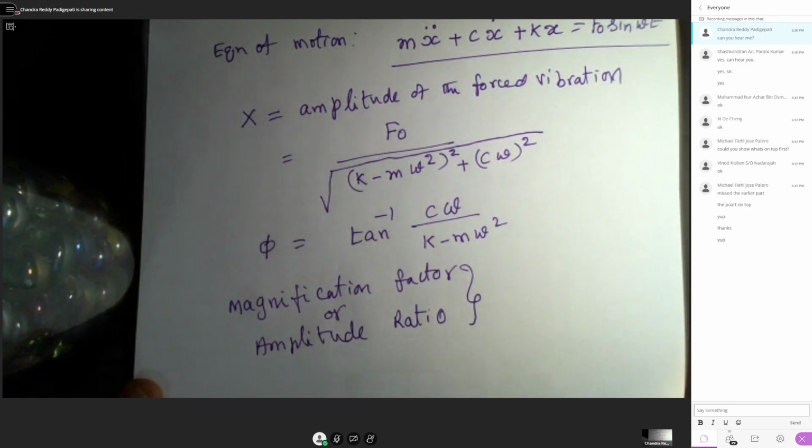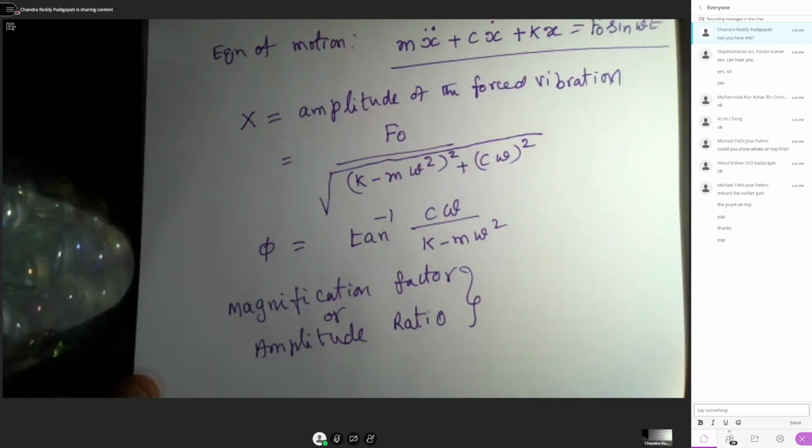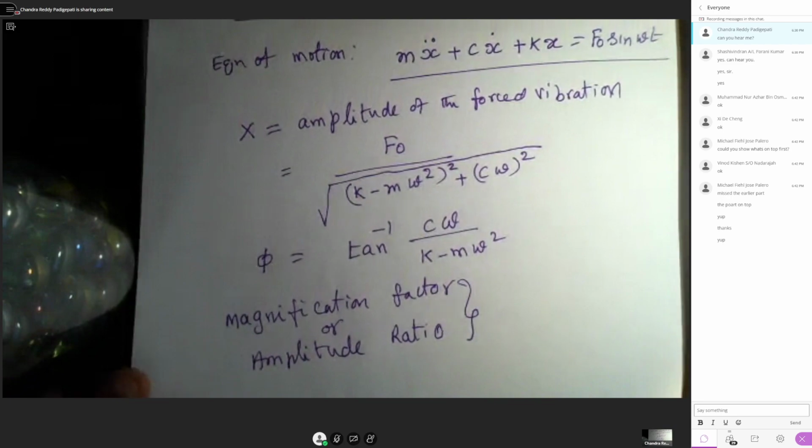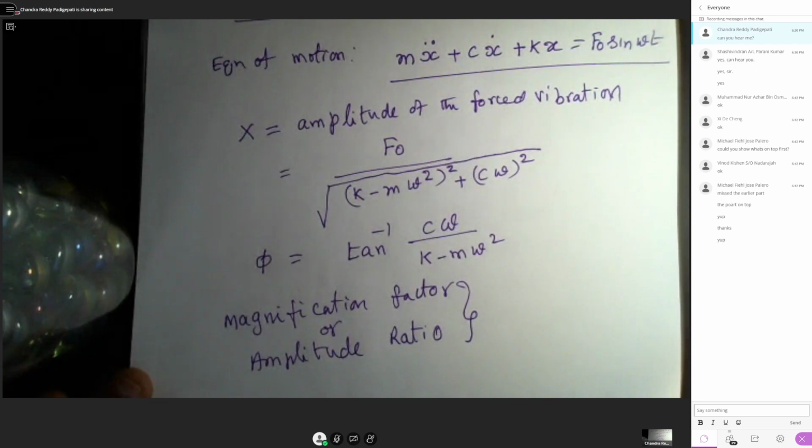Due to the external force, how much is the increase in the amplitude, what is the magnification in terms of the amplitude of the vibration? Because here the vibration is supported by an external force. So what is the contribution of this external force in increasing the amplitude of the damped forced vibration, or it may be decreasing also.